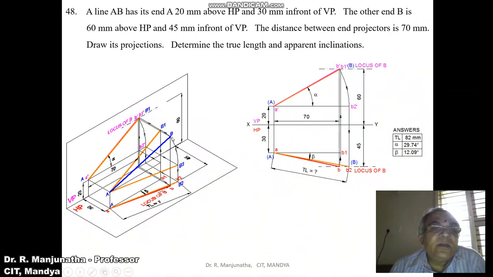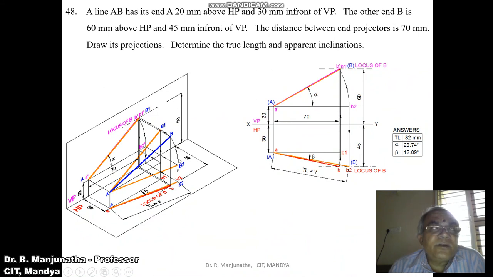So when you rotate B to B1 in the top view, with A as center and radius AB, and make it parallel, A is in front of VP by 30 mm and B1 is also in front of VP by 30 mm. So now it is parallel to VP, and in VP you get the true length. You project that here and you get the true length here.